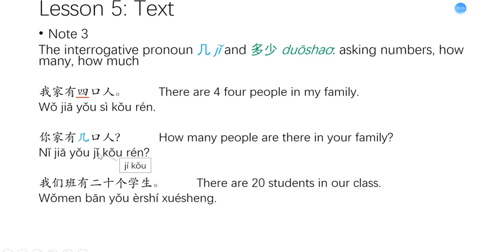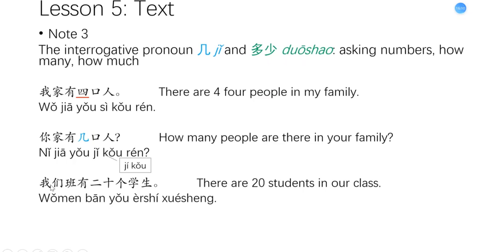As we have learned from the tone-change rules, if one third tone syllable is followed by another third tone syllable, the first third tone syllable changes into a second tone syllable. So in this case, 你家有几口人, actually we read it as 你家有几口人, which means how many people are there in your family.